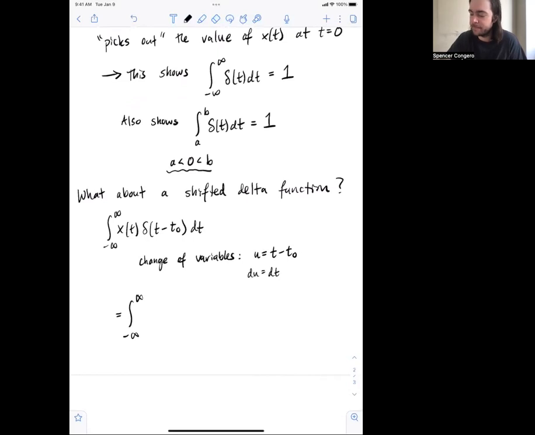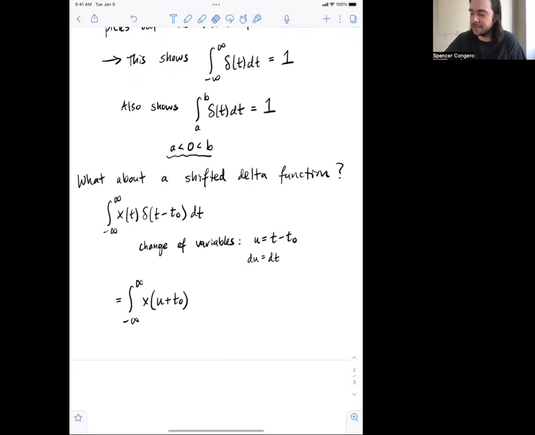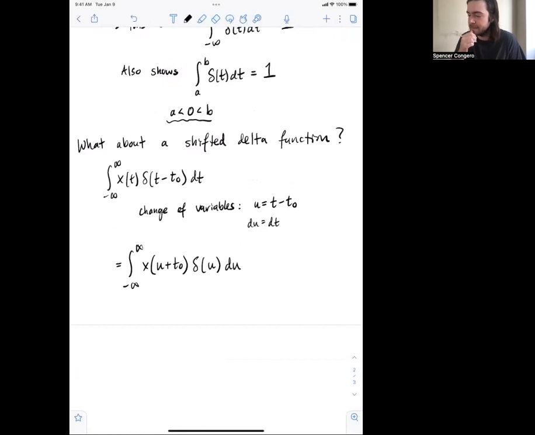Okay? And then x of t. Well, just bring t naught to the other side. We can see that this is now x of u plus t naught. Okay, that's what t equals, u plus t naught. And we have delta of t minus t naught. Well, that's just u. That's why we did this whole change of variables. And then dt is du. Okay, so this is what we get.